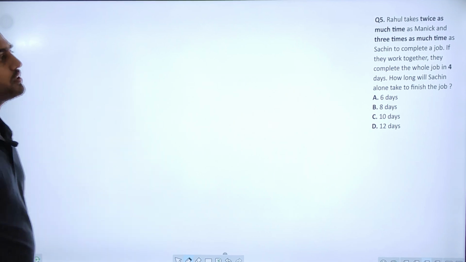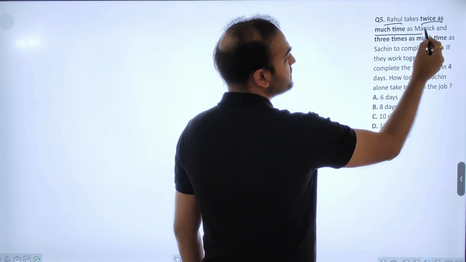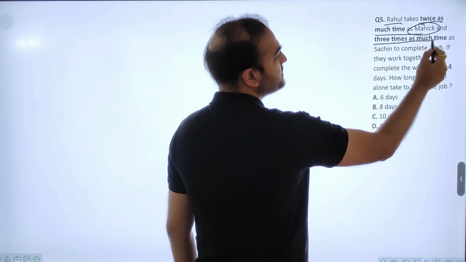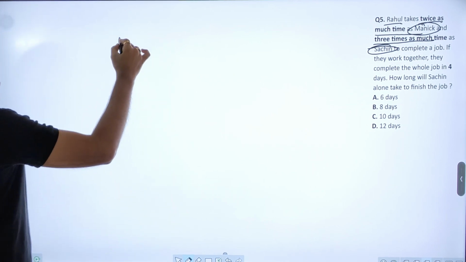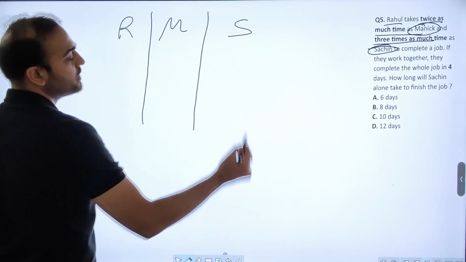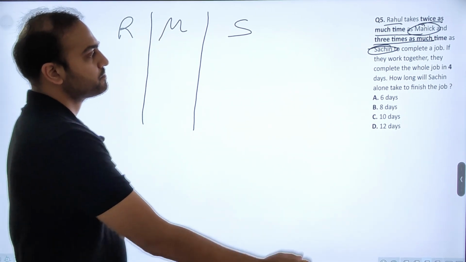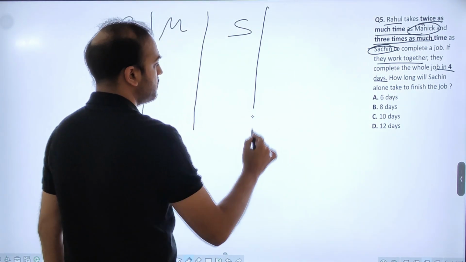So here we have Rahul is taking twice as much time as Manik and thrice as much time as Sachin. So we have 3 variables here: Rahul, Manik and Sachin. They work together and complete the job in 4 days.